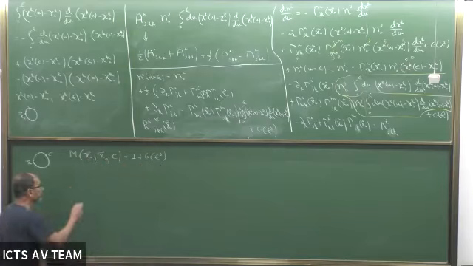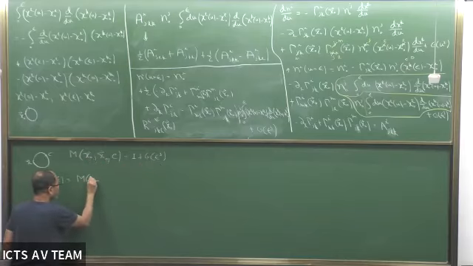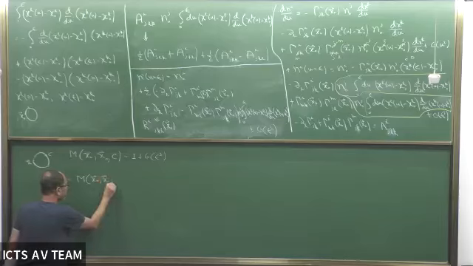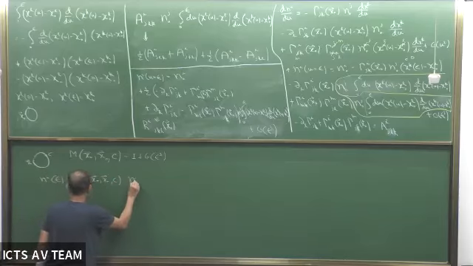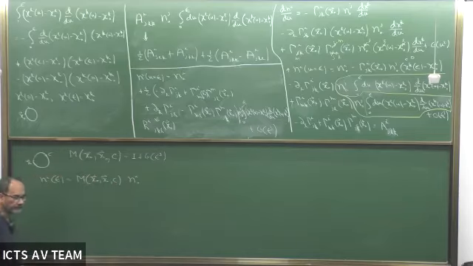Let me remind you how this matrix would have been defined. Ni of epsilon would have been M of x naught, C, times ni naught. That was the definition of the matrix.